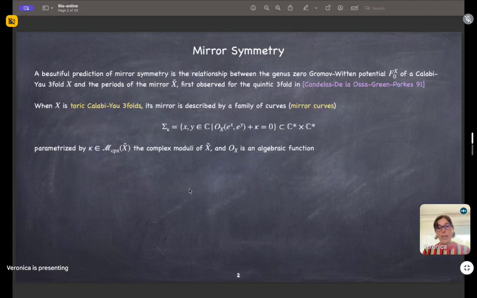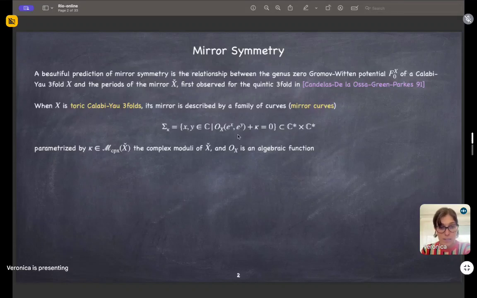This relation between enumerative geometric data in genus zero, so numbers of rational curves, and periods can also be understood in the context of toric Calabi-Yau threefolds. Because in this example, the mirror can be described in a very easy way: it is defined by the so-called family of mirror curves, which are typically of the following form.